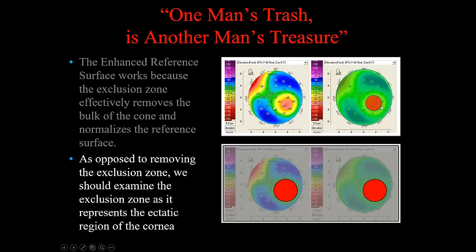The reason that works is that this exclusion zone represents the bulk of the ectatic region. So rather than removing it as we do in the BAD display, let's concentrate on looking at that specific region, which is a 3mm zone centered on the thinnest point, because that represents the bulk of the ectatic region.